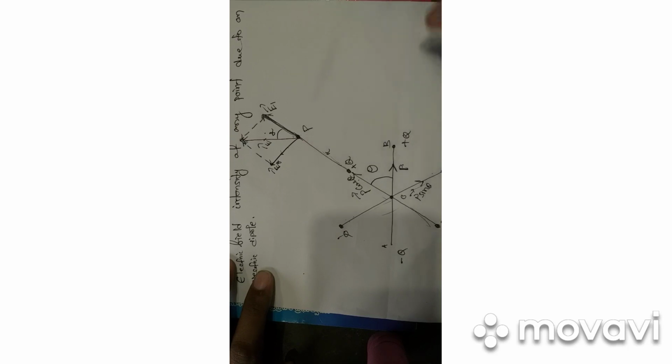Okay. So here we write E2 or E equatorial equal to 1 by 4 pi epsilon 0 P sin theta by r cube.